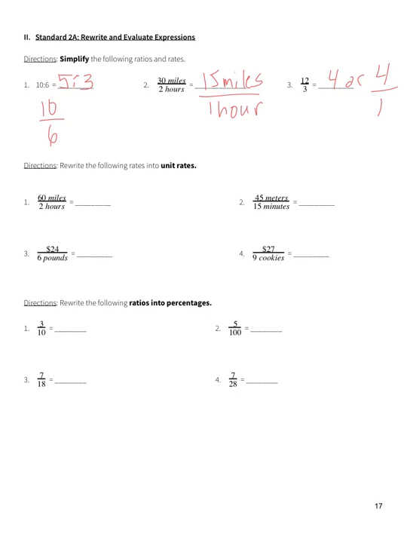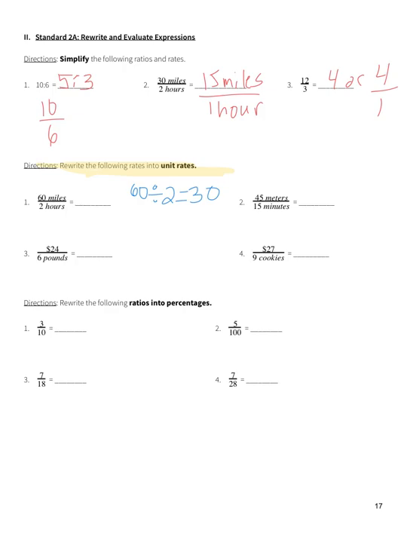Okay, now we're moving on to our next set of problems, and in these problems, you need to determine the unit rates, just like you did with your project. And remember, to find the unit rate, all you have to do is divide the numerator by the denominator. So for this one, it's 60 divided by 2 equals 30.